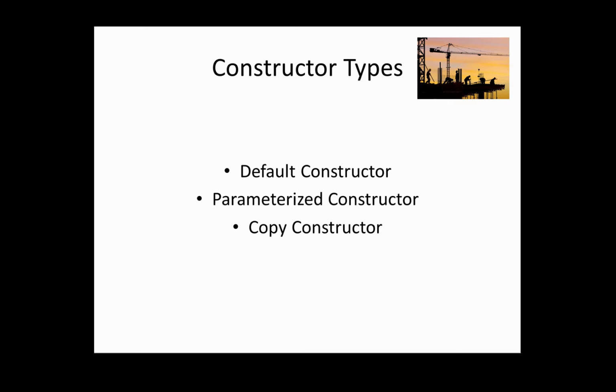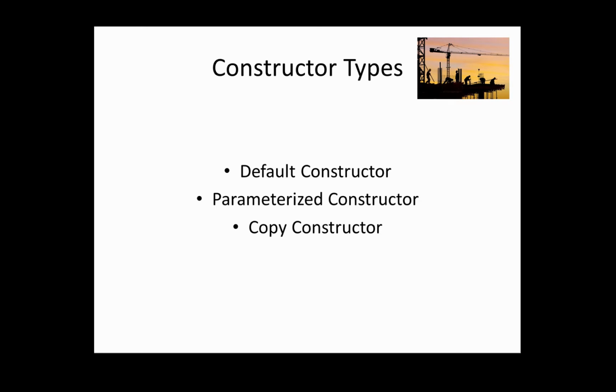Using this constructor, you can provide different values to data members of different objects by passing the appropriate values as arguments. The last one is the copy constructor, a special type of constructor which takes an object as argument and is used to copy values of data members of one object into another object.